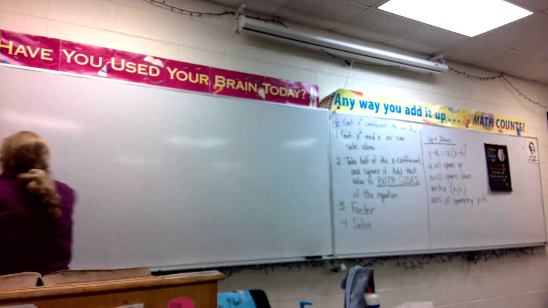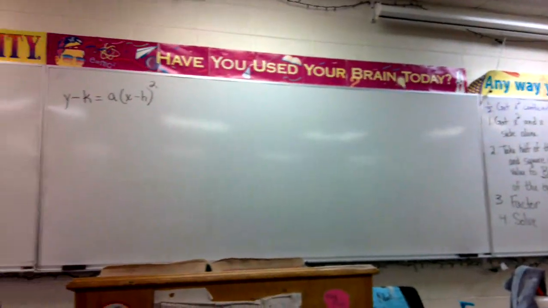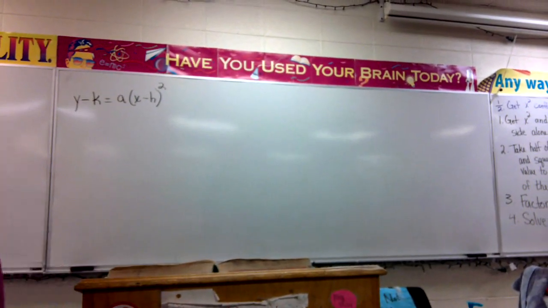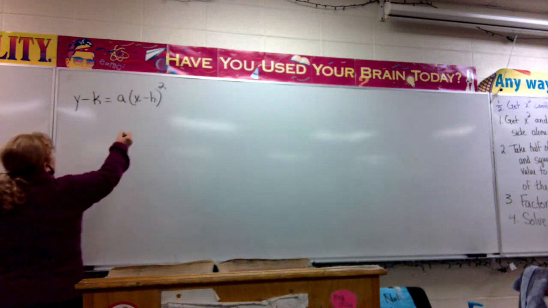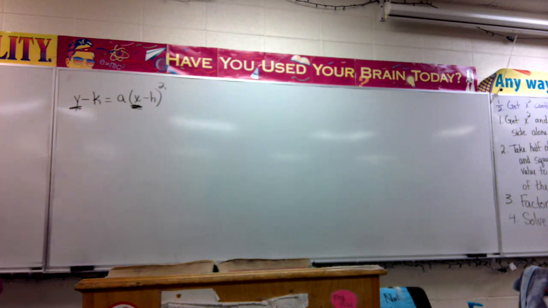y equals a(x minus h) squared plus k. Just like the equation of a line, the x and the y stay in the equation, just like they do over here.